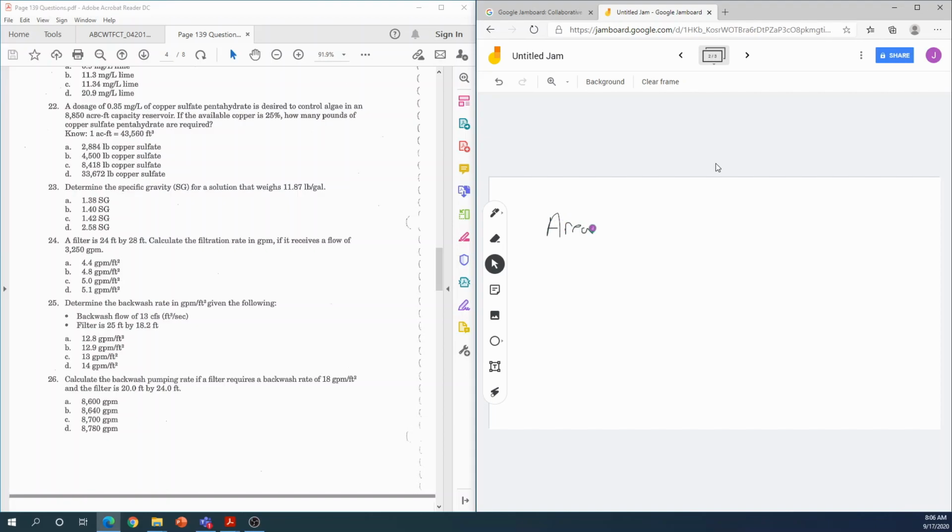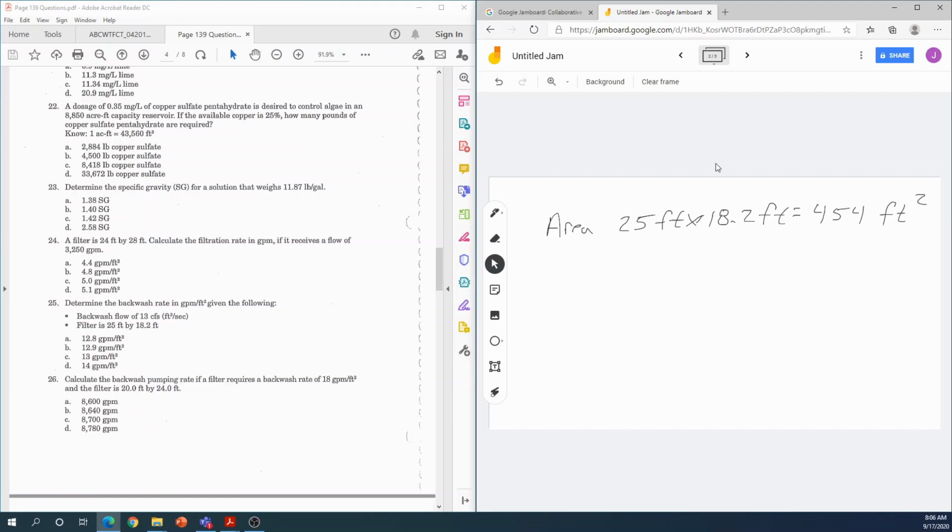Our area is going to be equal to 25 feet by 18.2 feet. This is going to give us an area of 454 square feet.